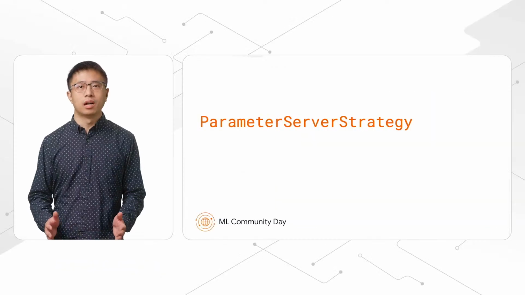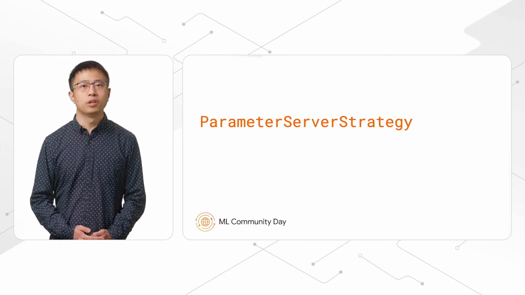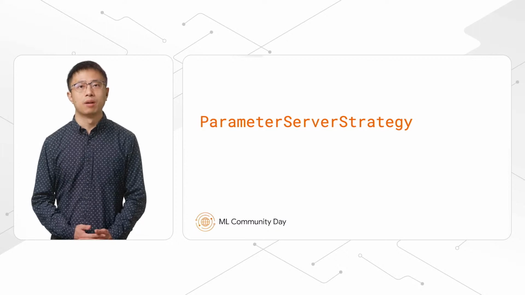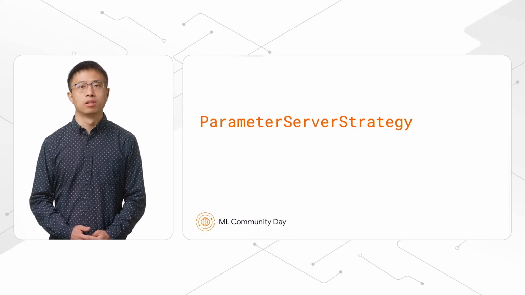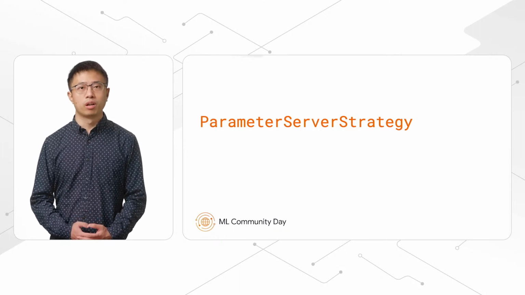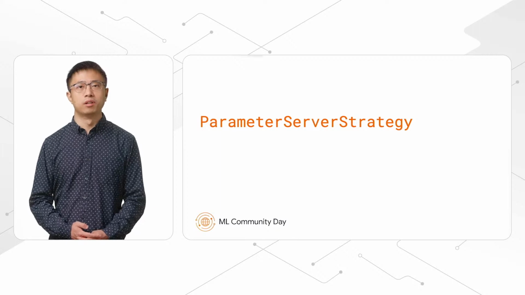It has been a couple of years since our first release, and we are still actively working on it. The next strategy I'm going to introduce is ParameterServerStrategy. It supports parameter server training, which is a common data parallel method for asynchronous training.